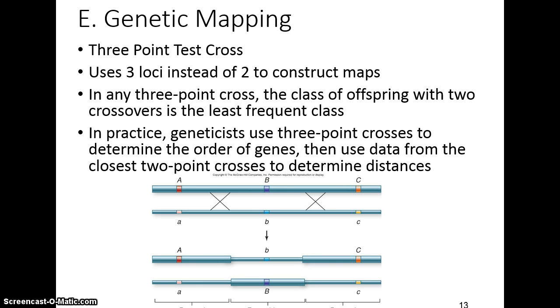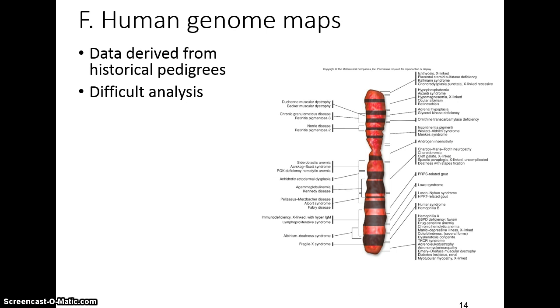And this is done by, again, looking at the traits within the progeny. If the frequencies are closer together, then you can determine they are close together on the chromosome. And we'll again do some of these in class.